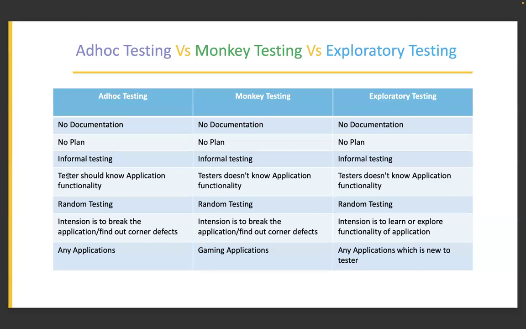The only thing is that in ad hoc testing, the tester has knowledge of the application, but in monkey and gorilla testing, the tester does not have the knowledge, guys. The intention is to break the application, and in exploratory testing, guys, the intention is to learn and explore the functionality of the application.